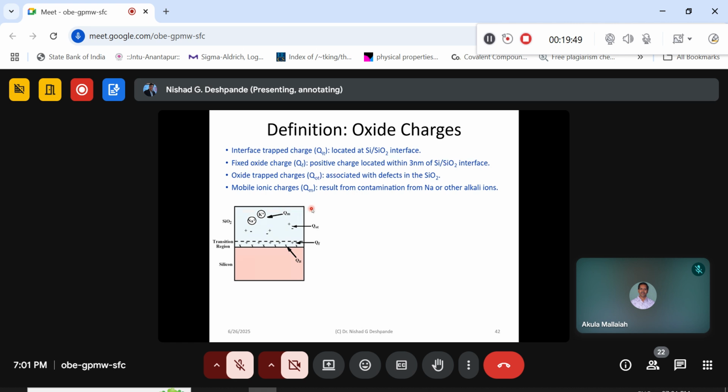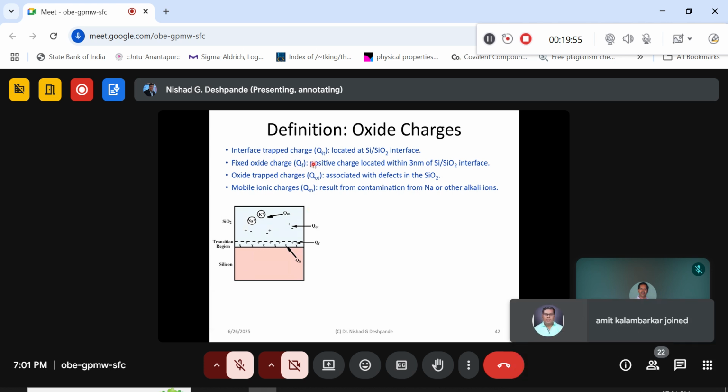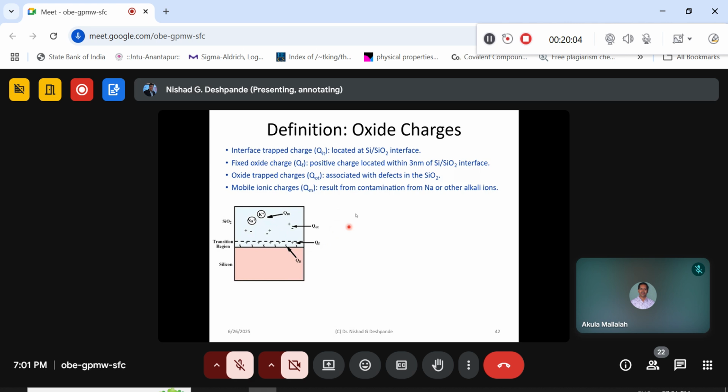Okay, so the fixed oxide charge, that is QF. Here I'm talking about this particular charge, which is QF, this one along 3 nanometers. Okay, usually we call it a positive charge. Okay, this cannot be charged or discharged.